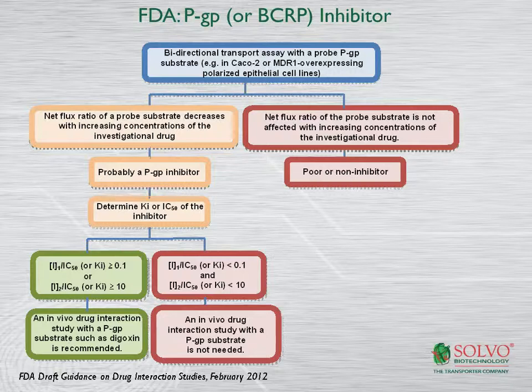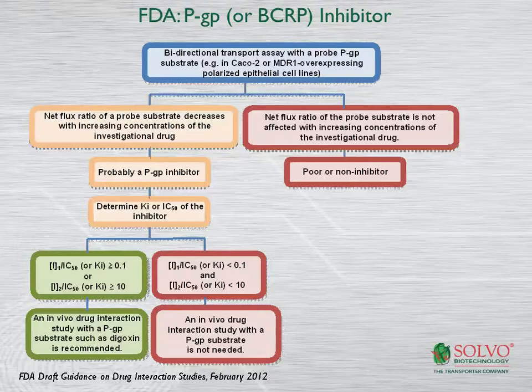If the efflux ratio of a probe substrate gets inhibited by the new drug, then it's probably a PGP inhibitor. Then Ki or IC50 needs to be performed. IC50 is recommended by, for example, the FDA; the European Medicines Agency wants to have a Ki study.